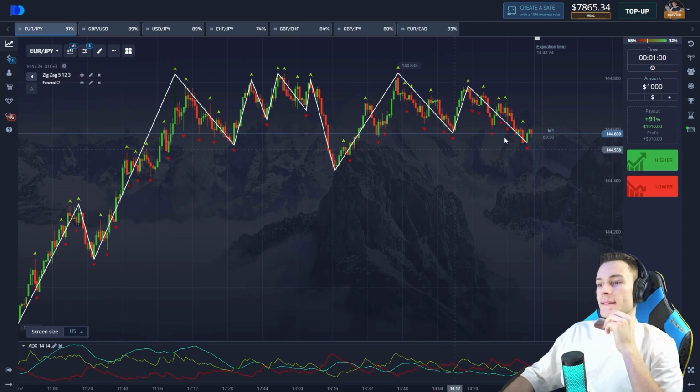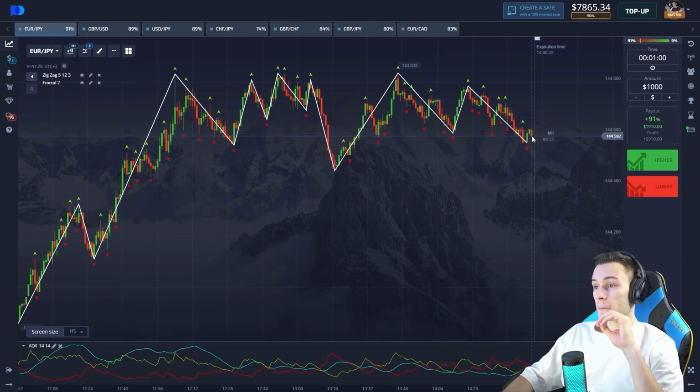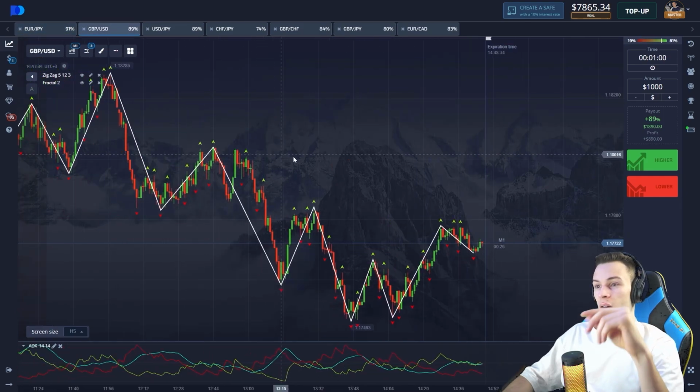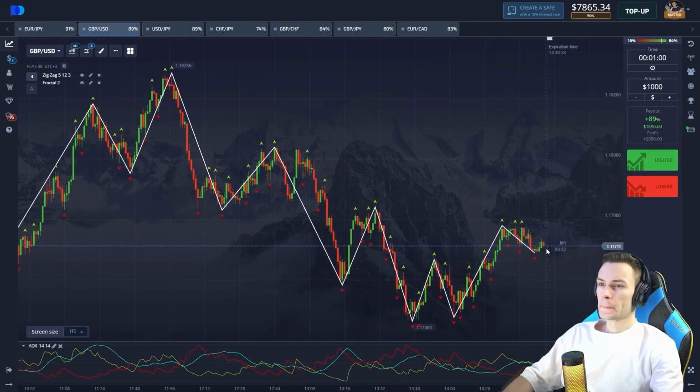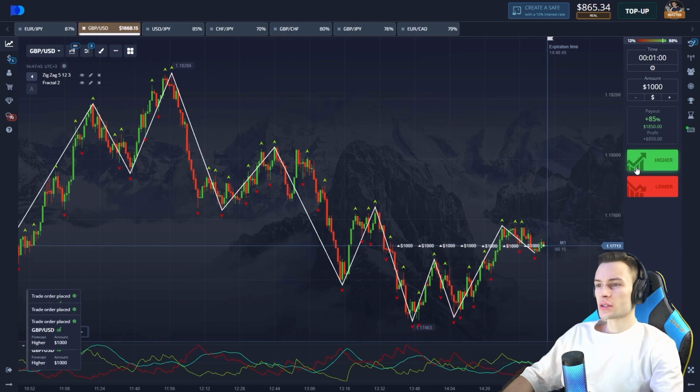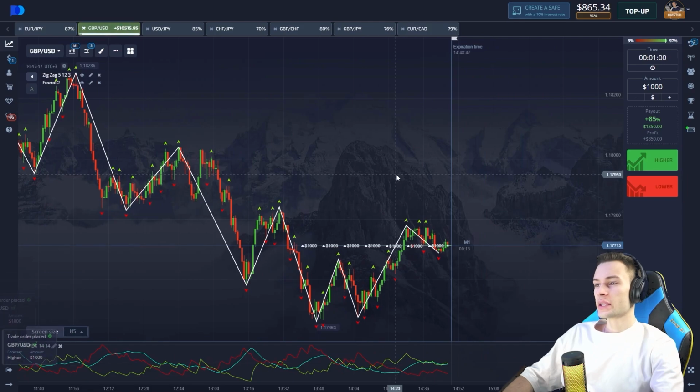We see the price is heading downwards right after the pullback. We're gonna see the updating of the zigzag, I guess. Here we also see the downward movement. And let's open our long positions here. I think this is a good trade entry.